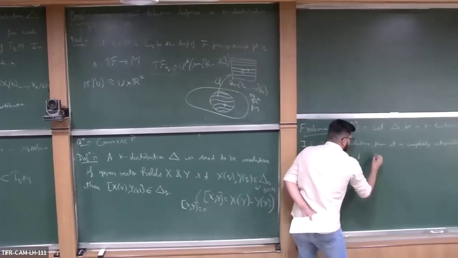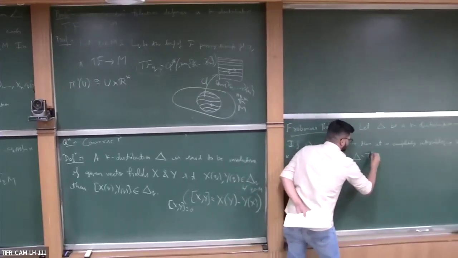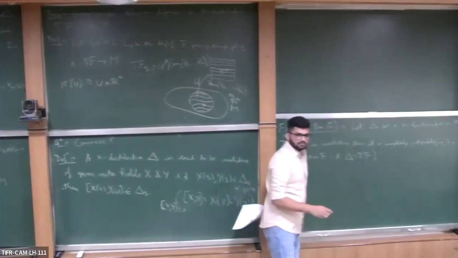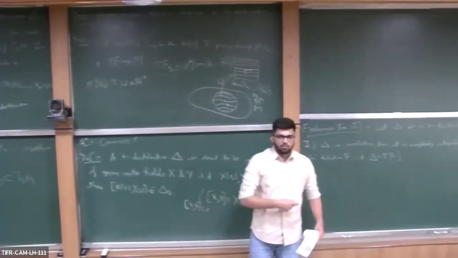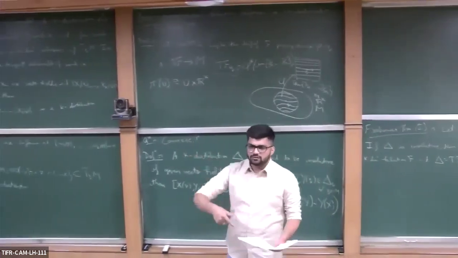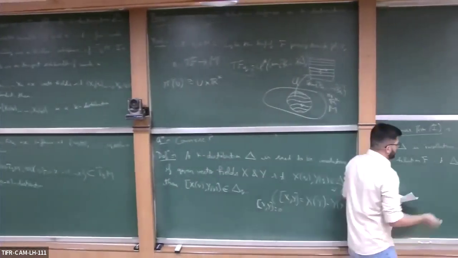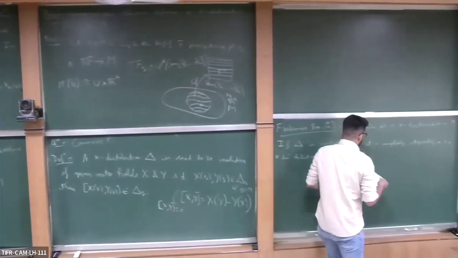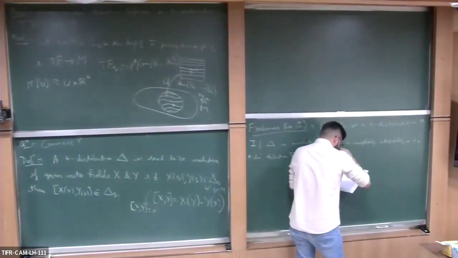It gives us the condition for when a distribution gives us a foliation.